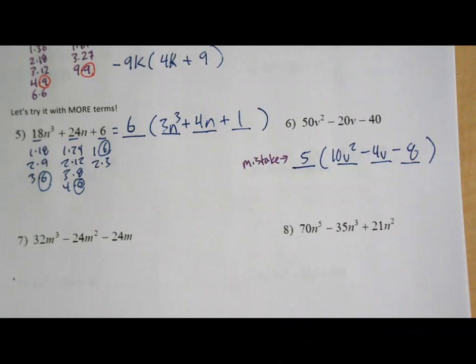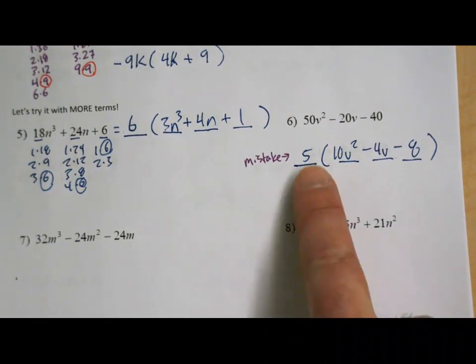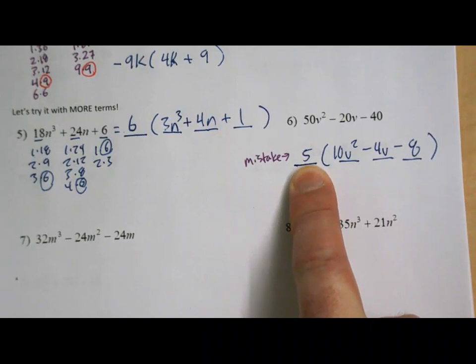If I were to multiply that 5, would I still get 50 and 20 and 40? I would. So my answer is not wrong. I factored out a common factor. What's the problem, though? It's not the greatest common factor. 5 is a common factor, but it's not the greatest common factor.